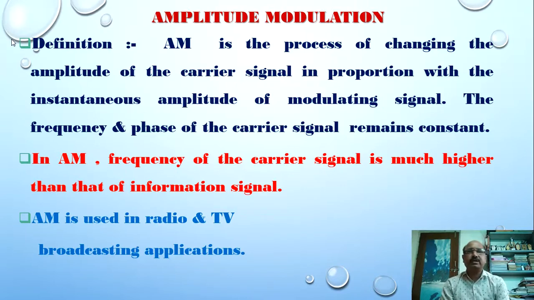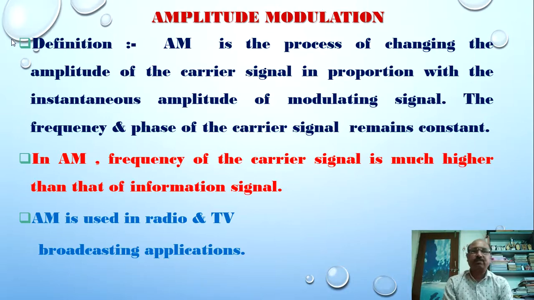Carrier चा जो amplitude आहे तो change होतो in accordance with the modulating signal, and the other quantities, frequency and phase, remain constant. So this type of modulation is called amplitude modulation.